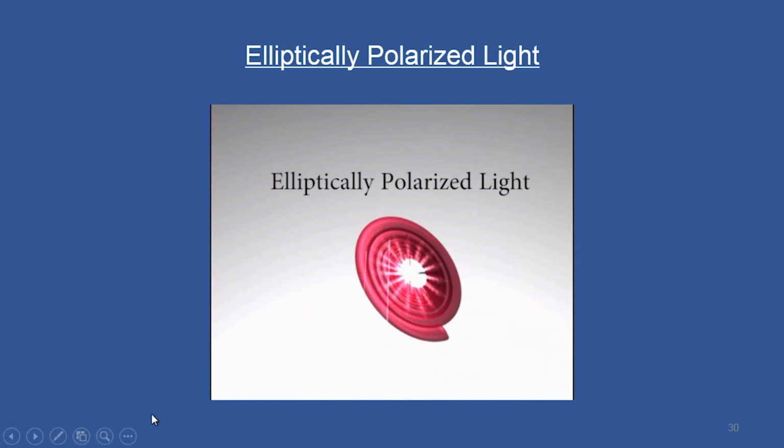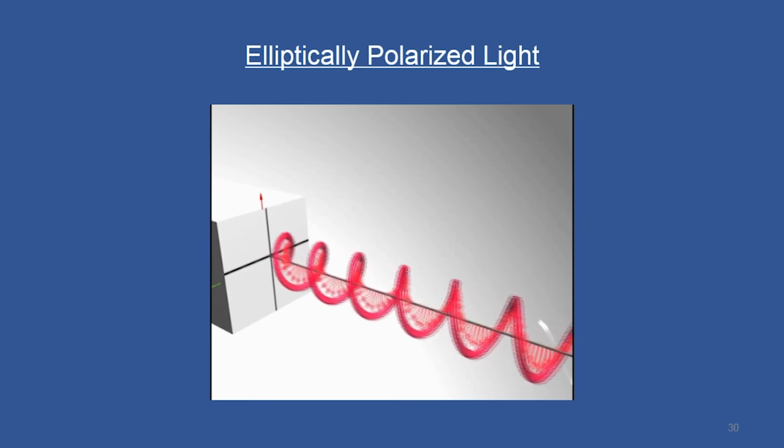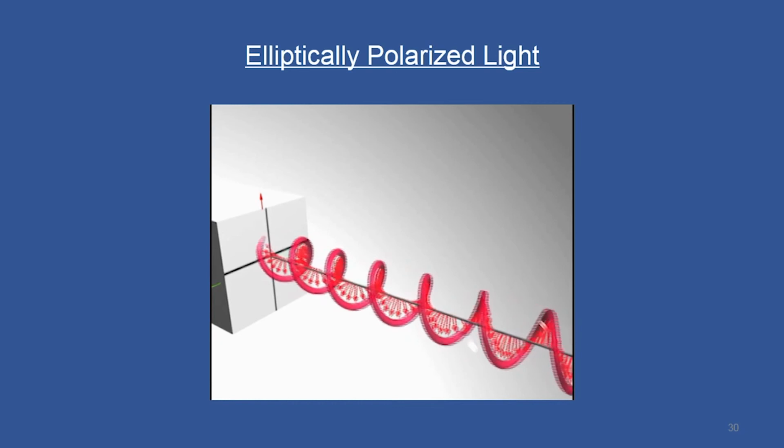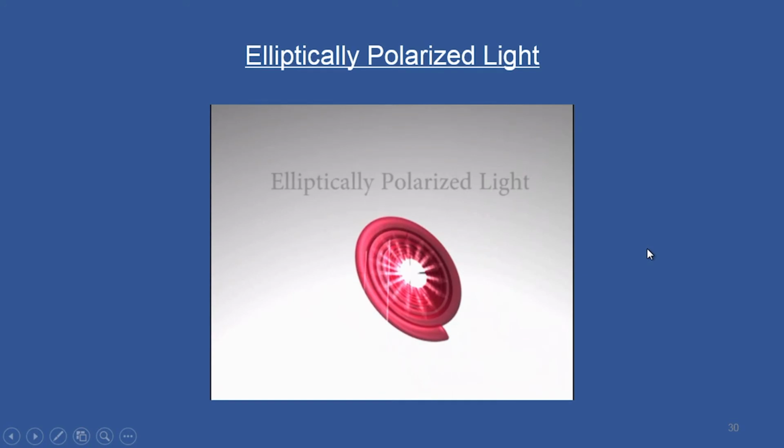I will play this again to appreciate how this elliptically polarized light is generated. You have this ordinary ray and extraordinary ray, vibrating in mutually perpendicular planes, and if the mutual phase shift is dynamic, then you will see the wave propagation in an elliptical manner. So, this is elliptically polarized light. I hope this animation helps you to appreciate this concept.